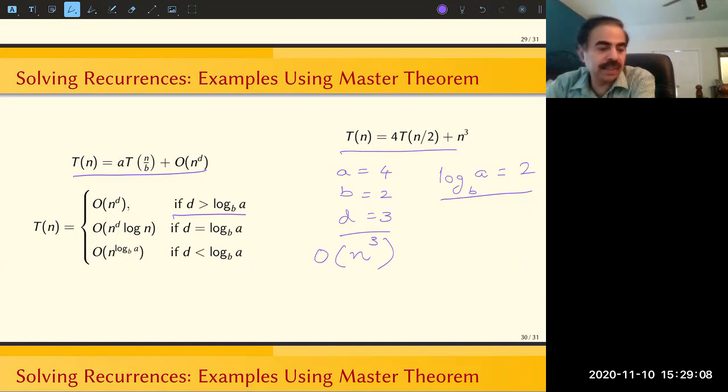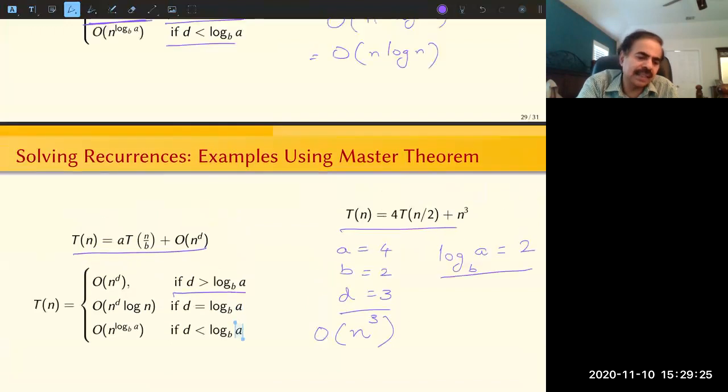These recurrences are simple enough that if you apply the plug and chug technique that we talked about first, you will actually be able to get the answer in some of the cases.